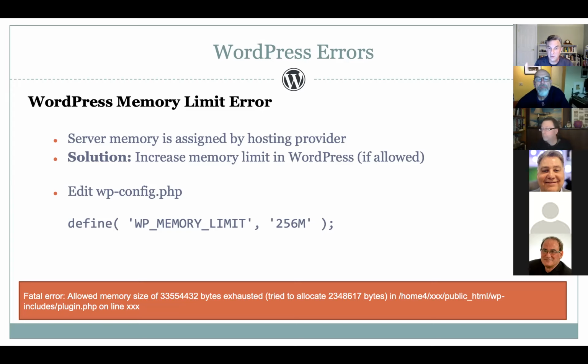Again, there are limits, like you can't bump this up to an infinite number, because your hosting company will eventually say, all right, well, they'll give you a limit there. So here's the one kind of error you may see with this in your logs, something like this, memory size exhausted. That's typically an indicator that something has happened with your WordPress installation itself. It could be a plugin, it could be your theme, etc. You've run out of memory allocated.